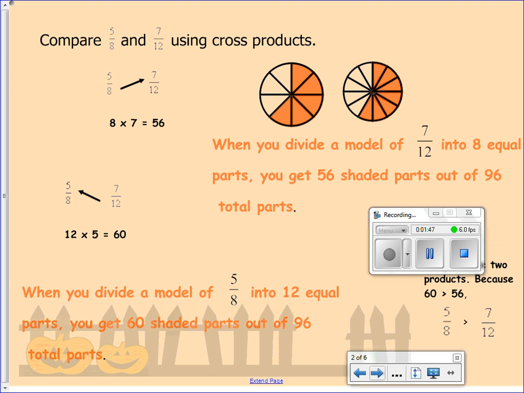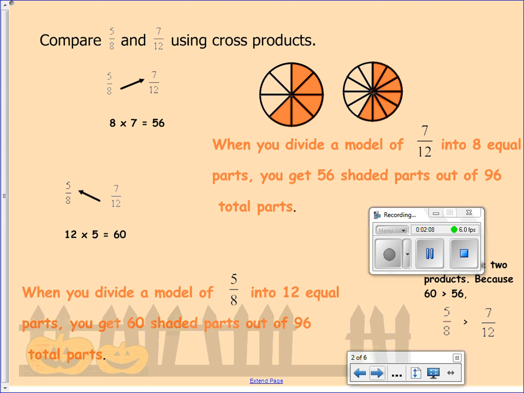In this screen, I've tried to demonstrate why you use cross products. You have a model of 5/8 and 7/12. When you divide the model of 7/12 into 8 equal pieces, you get 56 shaded parts out of the 96 total parts.